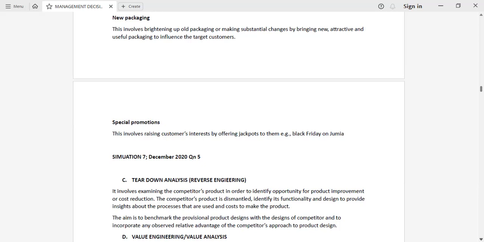So that's what we wanted to do as the theoretical aspect.